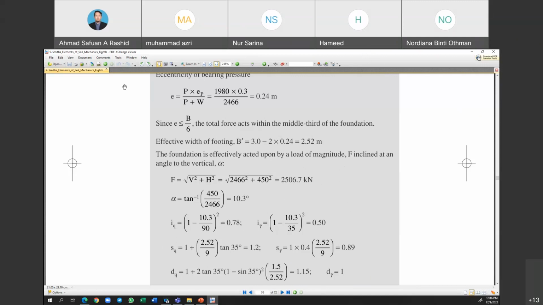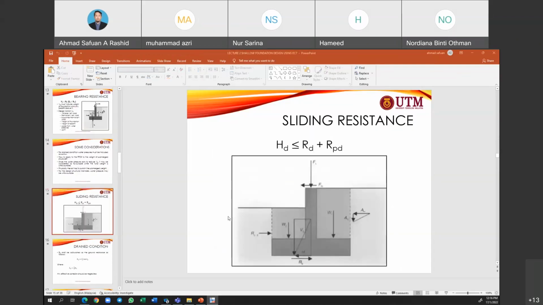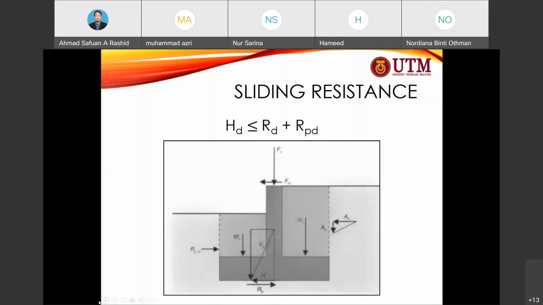Let me show. To get the alpha value here, what should you do? This is the vertical, and this is the horizontal. Then you get the inclination value, the hypotenuse line.